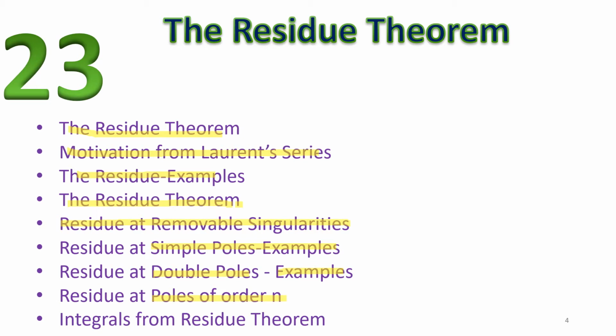We shall end our discussion with evaluating integrals from the residue theorem. This is the most powerful technique that we are going to learn, which is at the end of this quarter. Probably this may cause little longer length of this video.